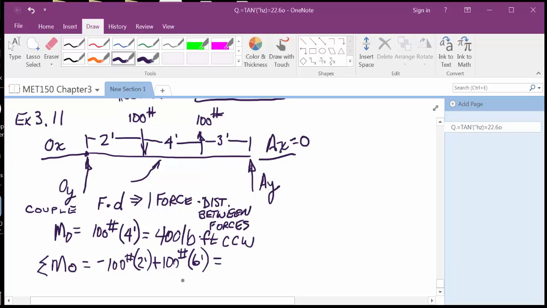You do the math on that, and guess what? You get 400 pounds-feet, CCW.